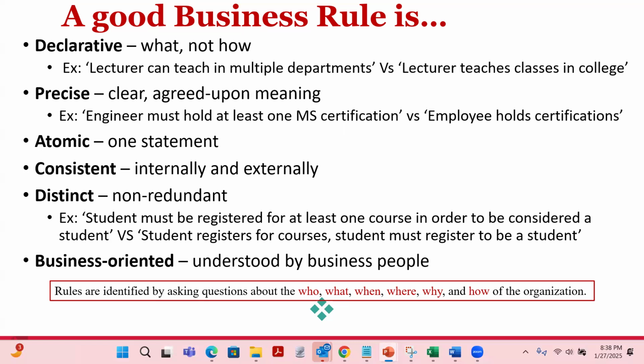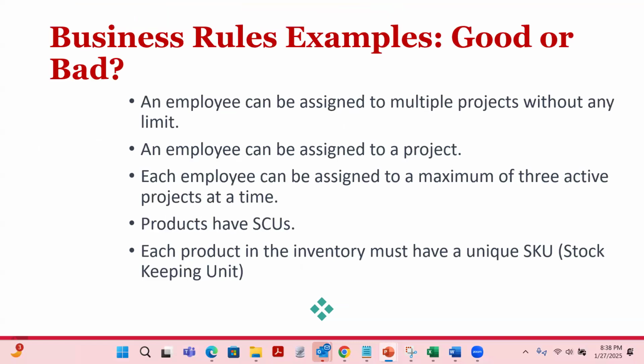You guys will be creating business rules as the first, actually second, step of your team project. So that is where your team project will start. Again, business rules are where every database design starts, and that's what you'll be doing in the team project.